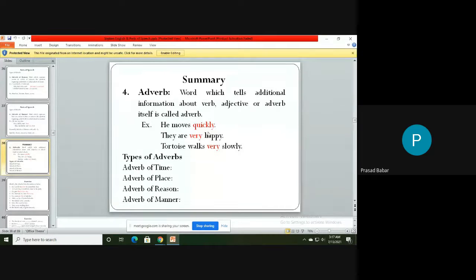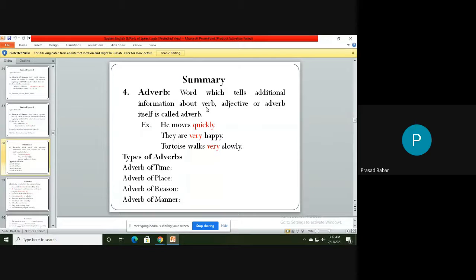So we were at adverb. So in the summary, we can round up that the adverb is the word which tells additional information about a verb, adjective or adverb.